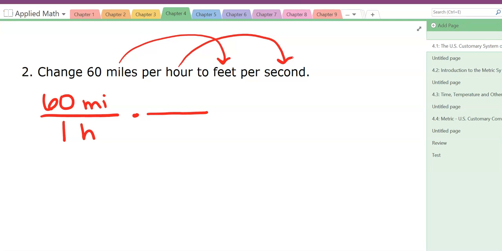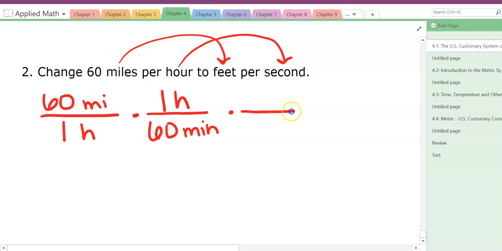Let's do hours to minutes first. How many minutes are in an hour? 60. So make sure that you put 1 hour on top because you want hours to cancel. So then we put 60 minutes on the bottom. And so then how many seconds are in a minute? 60. So how would I write this one?